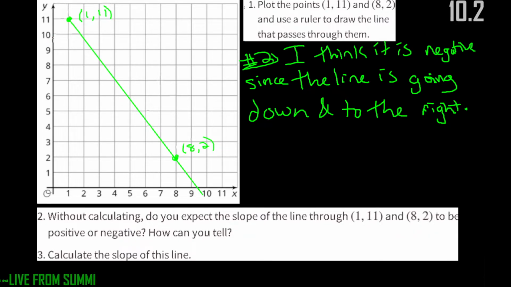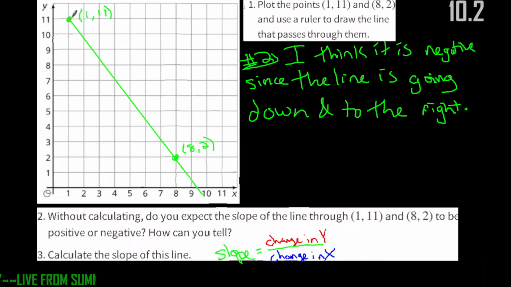So let me actually define slope. Regardless of how you do it, it's always going to be the change in y divided by the change in x.